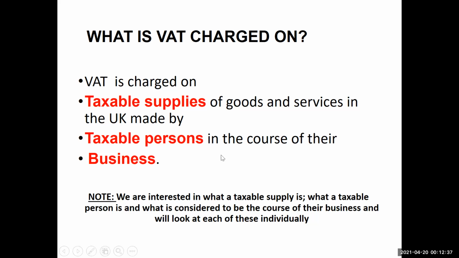These three items underlie the discussion of VAT, whether in the UK jurisdiction or any other jurisdiction. But once again, we are focusing on the UK economy, so everything we are dealing with now deals with our UK economy.